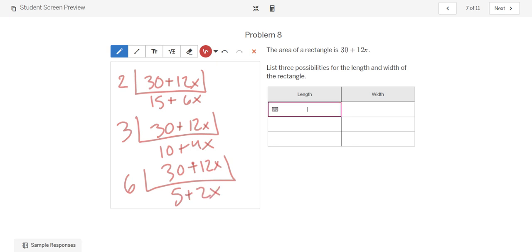And so the length, let's go with a 2, 3, 6, and a width would be 15 plus 6x, 10 plus 4x, and lastly, 5 plus 2x.